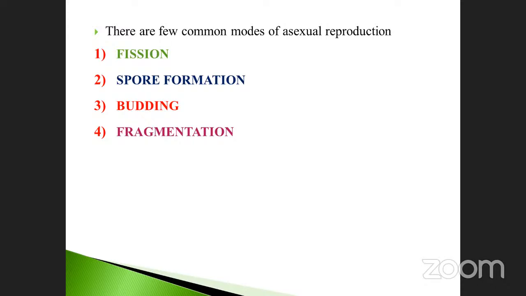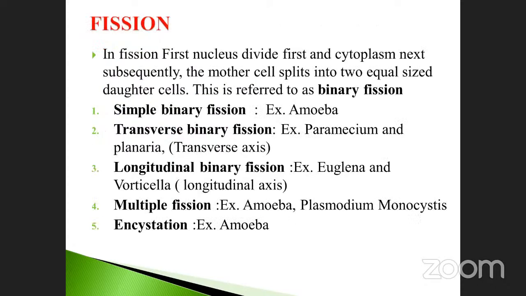See the fissions. First the nucleus divides and the cytoplasm is the next. The mother cell splits into two equal sized daughter cells. This is referred to as binary fission. They may exist in different types of fissions.